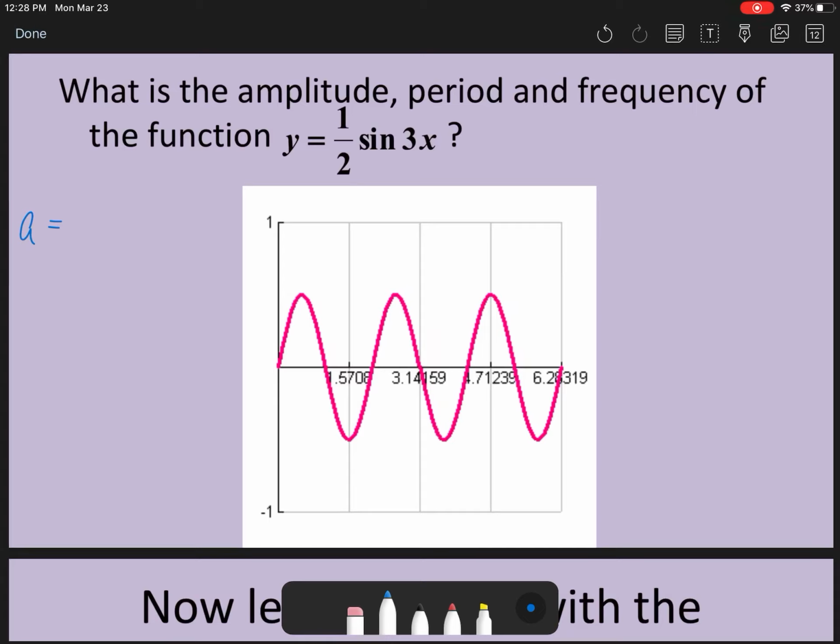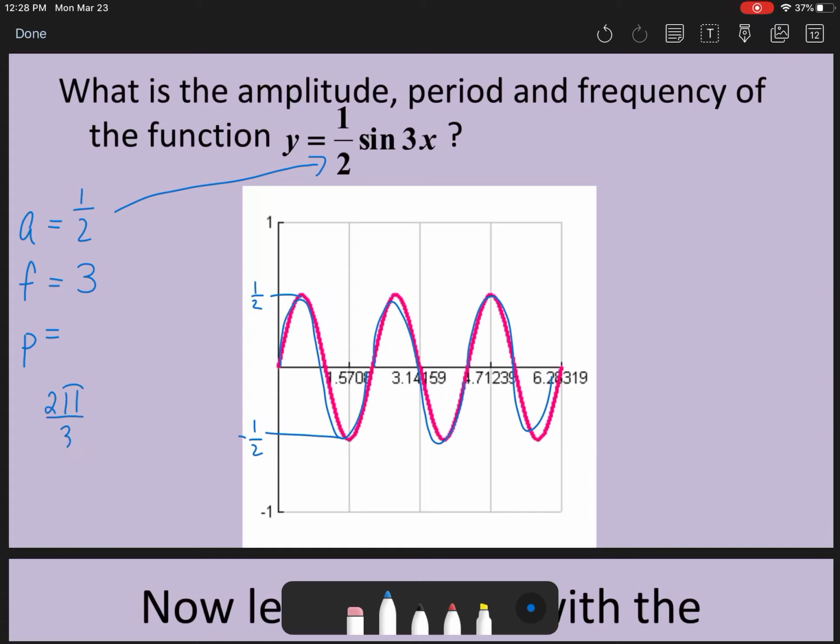All right. So amplitude, frequency, period. Amplitude is 1/2. Again, we get that from the A value in the equation. So this would be 1/2. This would be negative 1/2. The frequency, 1, 2, 3.